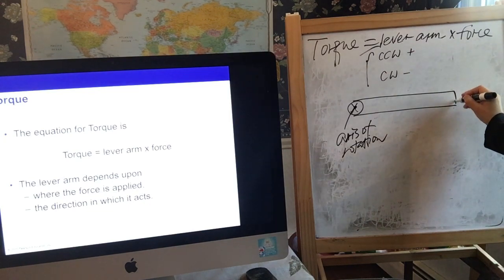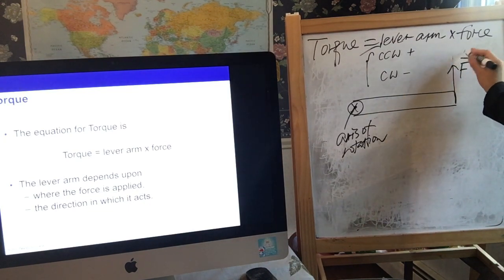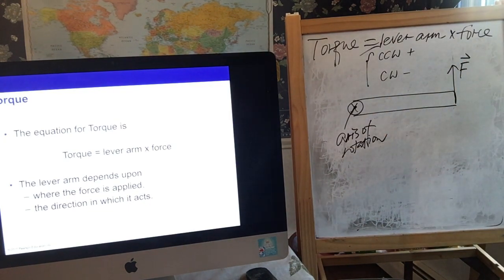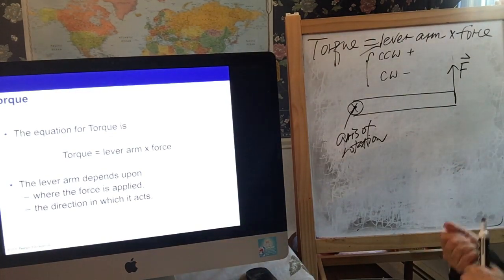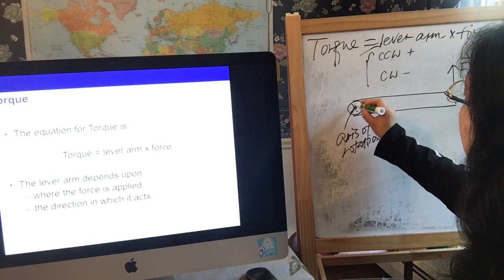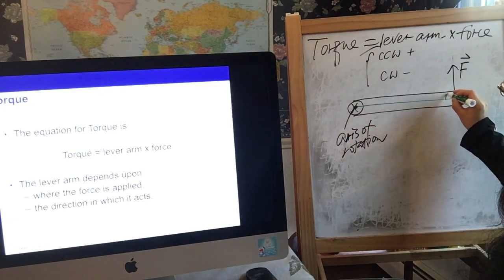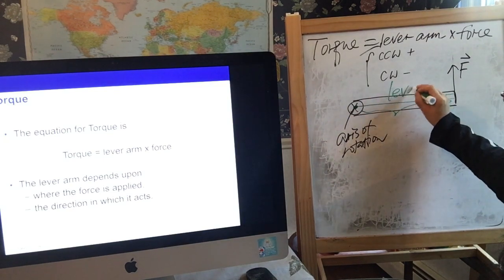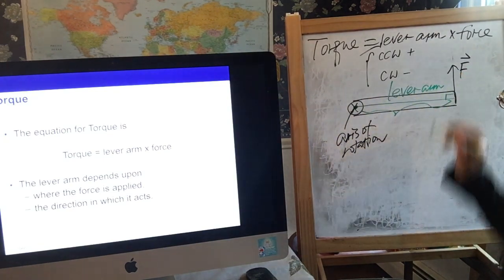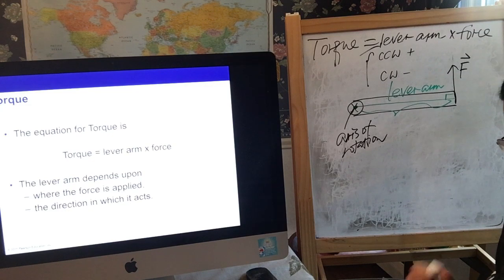And you're applying the force, let's say, in this direction. So what is going to be the lever arm? You start from the axis of rotation and draw a line perpendicular to the force. The line you just drew is called the lever arm. Okay, so that's one example.